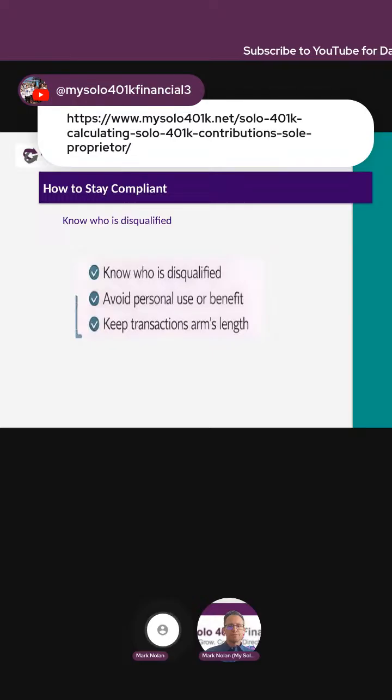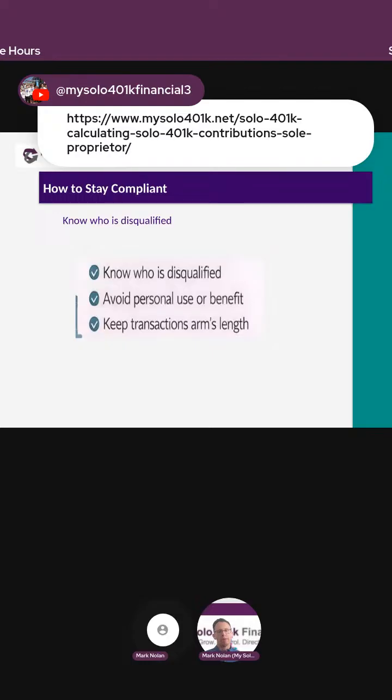Now let's do some final thoughts on today's topic, which is what transactions are prohibited in a self-directed IRA. A self-directed IRA offers tremendous flexibility and diversification potential. However, this flexibility comes with responsibility. The IRS prohibited transaction rules exist to prevent abuse and ensure that retirement accounts like self-directed IRAs, and self-directed solo 401k plans as well, are used exclusively for retirement purposes.